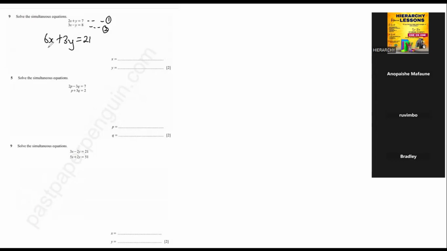So that's 6x minus 2y is equal to 16. And then what do you do now? We subtract the first equation from the second equation. And then what do you get if we subtract these equations?